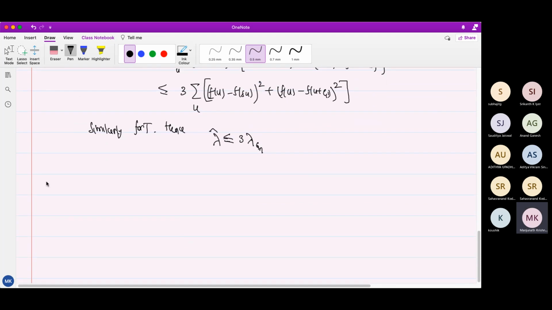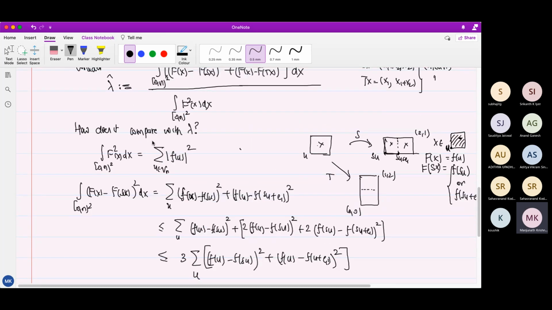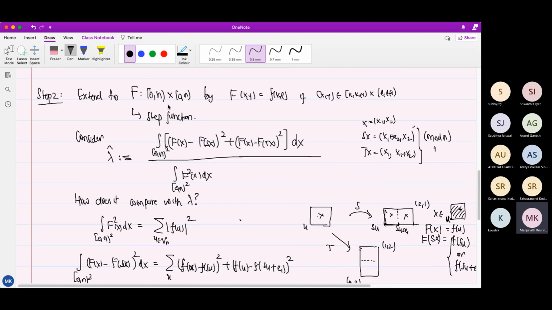Okay, so now comes the absolutely key step where you use Fourier analysis. This is where we use Fourier analysis, because now we have functions on a square which we can regard as a torus, right?